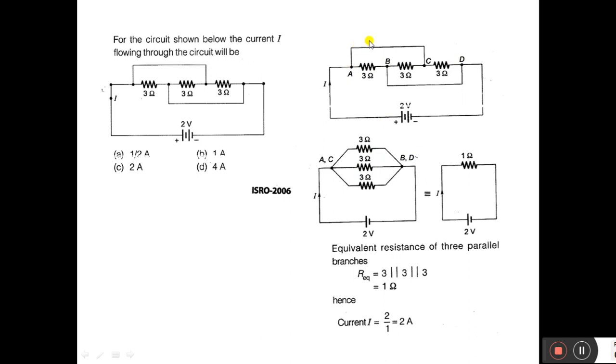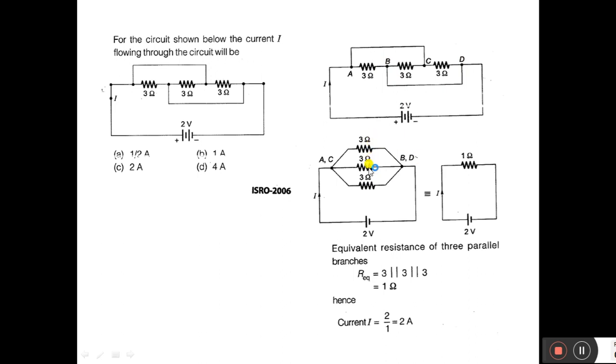Between A and C is shorted, which means both are the same point, A and C are the same point, so I put A comma C. Between C and D you have 3 ohm. B and D are shorted, so B and D are the same point, so I put B comma D. And in between B and C, 3 ohm.